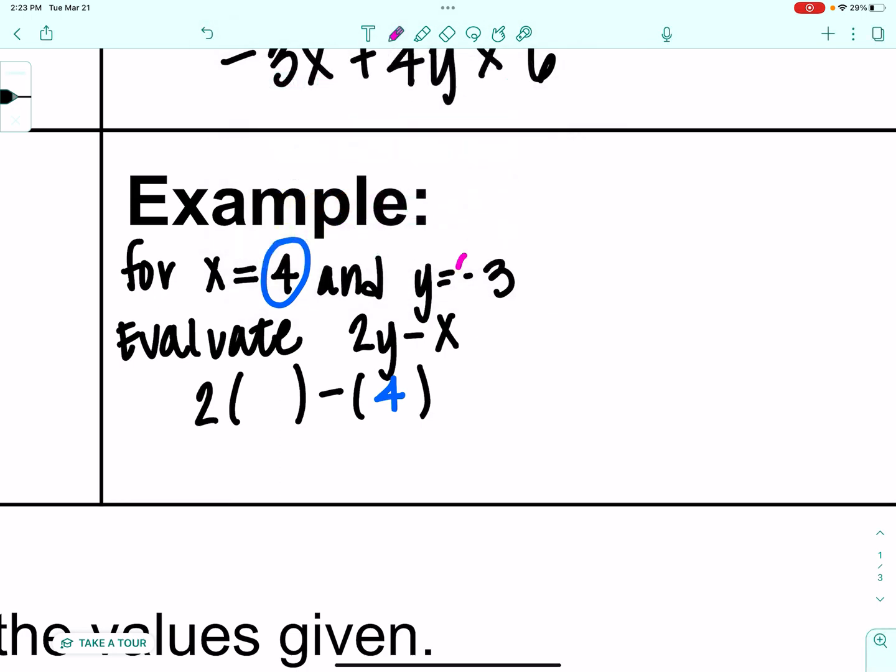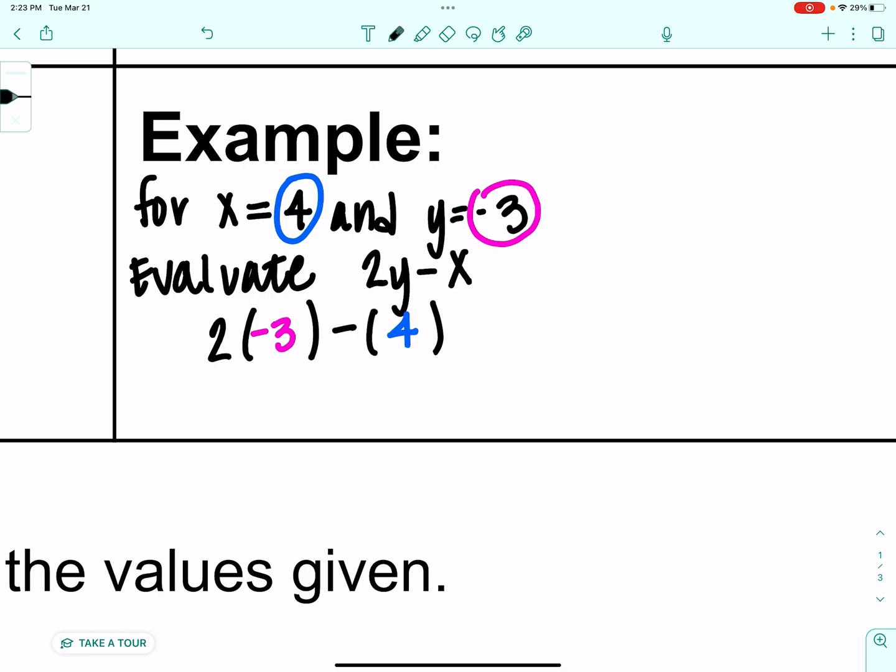For the y, I'm going to substitute a -3. Then I compute. You can go to Desmos to do this. You can do it by hand. It is totally up to you. 2 times -3 is -6. -6 minus 4 is -10. So if you were asked to evaluate, this would be your final answer.